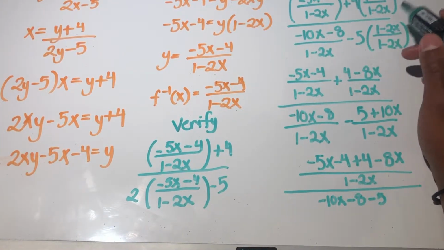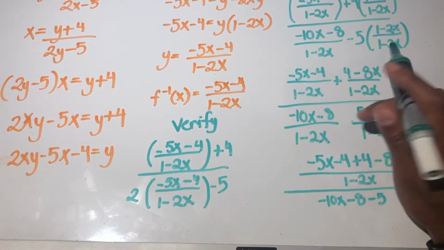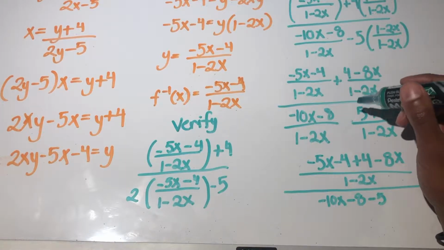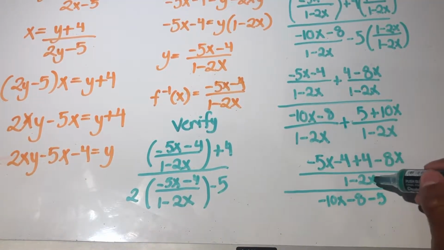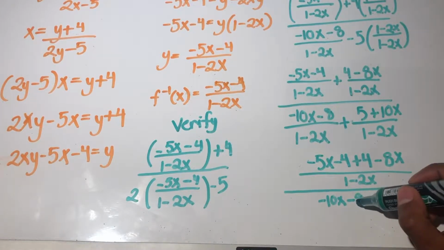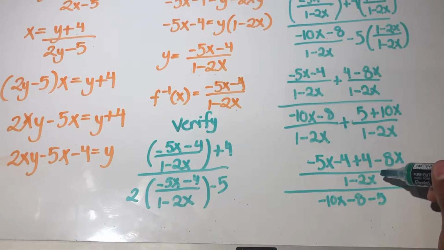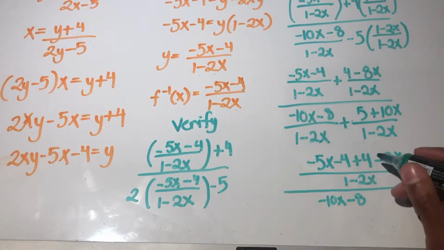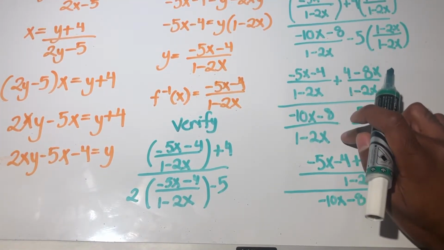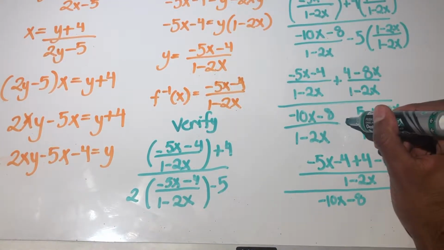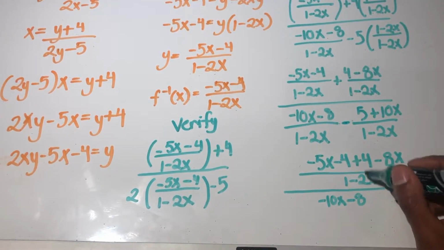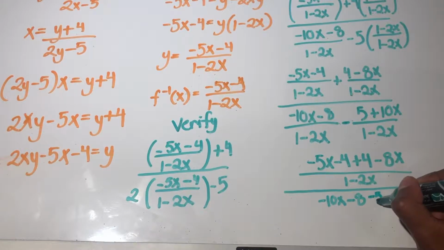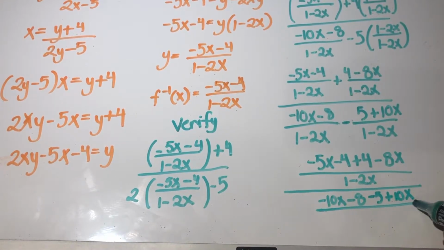Since we already distributed that, it's going to become positive. So at the bottom we have negative 10x minus 8 plus 5, or actually yes, that was correct. We have minus 8 minus 5 plus 10x over 1 minus 2x.